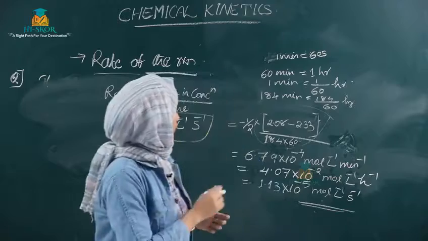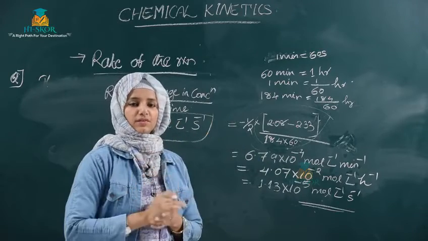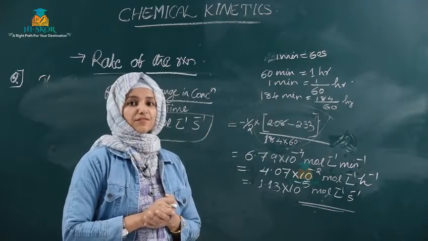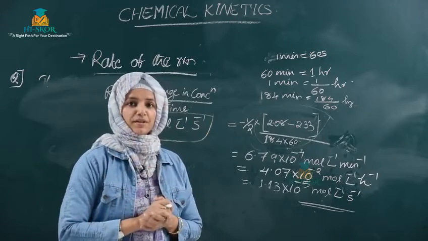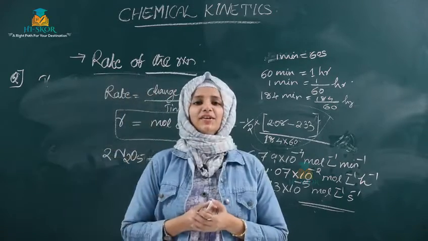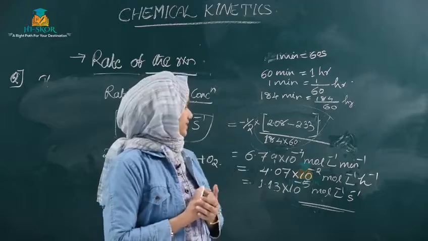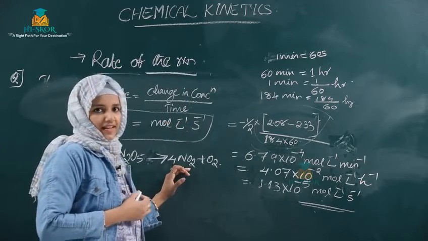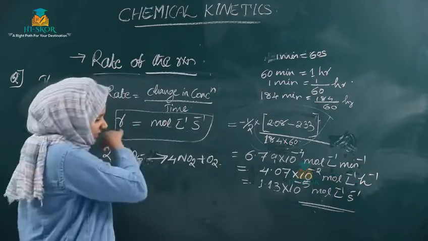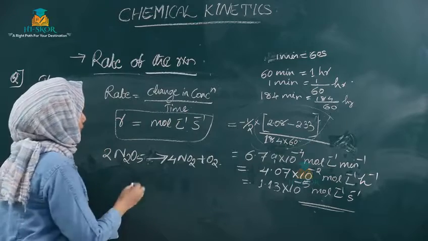Then one more question they asked: we have to find out the rate of formation of NO2 also. So from this you can calculate the rate of production of NO2.